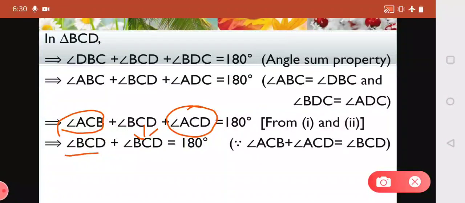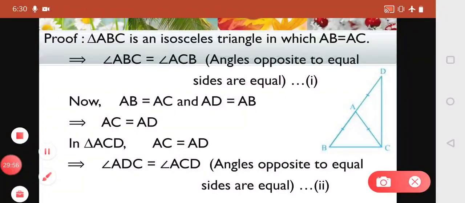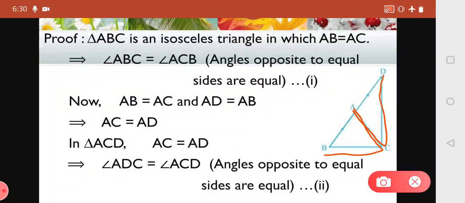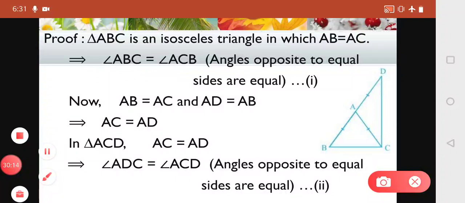Let's see this once in the figure. Yes, you can see in the figure that this is our angle ACB plus angle ACD. When we add these both angles, we get the whole angle BCD.